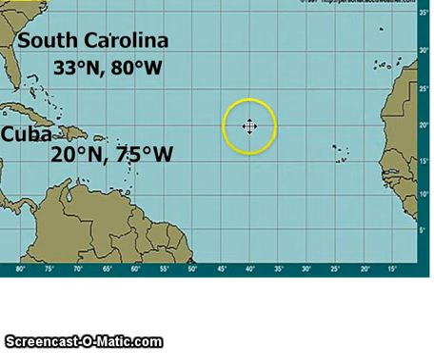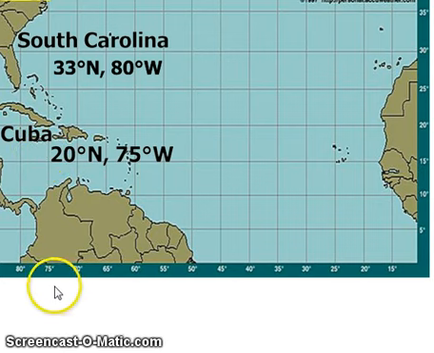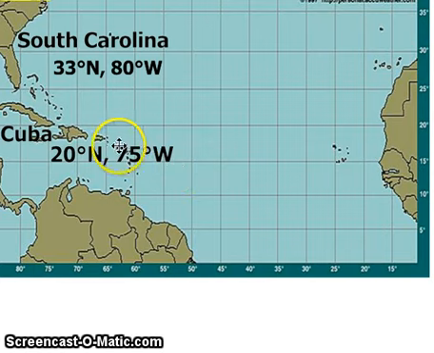You can run your finger right over this line, and Cuba's right at 20 degrees north. And then if you go straight down, it's 75 degrees west. So your latitudes are always given first, and then your longitudes. So north comes before the west.